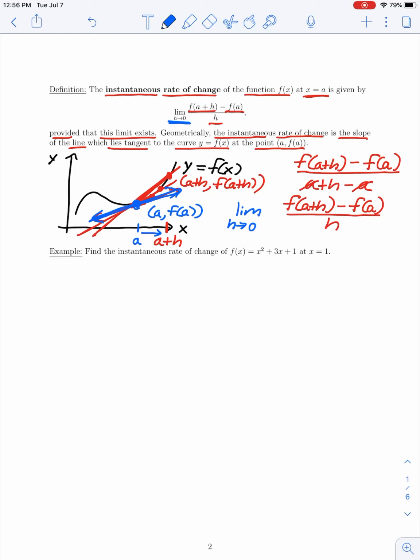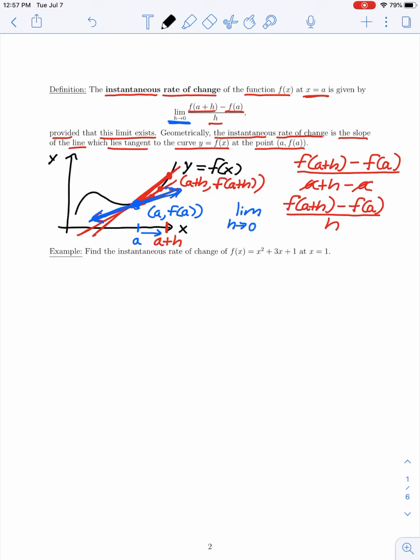So now that we've defined an instantaneous rate of change and seen a geometric interpretation, let's look at some examples. In this first example, we are asked for the instantaneous rate of change of f of x equals x squared plus 3x plus 1 at x equals 1.